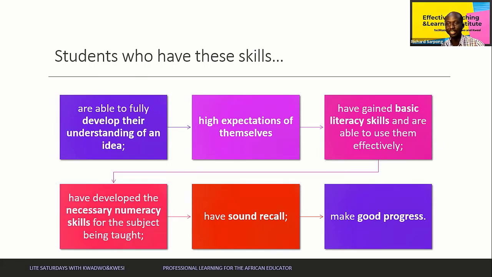But the first thing is that students have to have sound recall of the facts because they need to know the facts. And if they don't have the facts, it's likely that they are not going to make good progress. And in my own professional work, I've come across a number of students, unfortunately, that after assessing them over a period of time, you get to know that they've been sitting in the class, but they really did not have the facts.